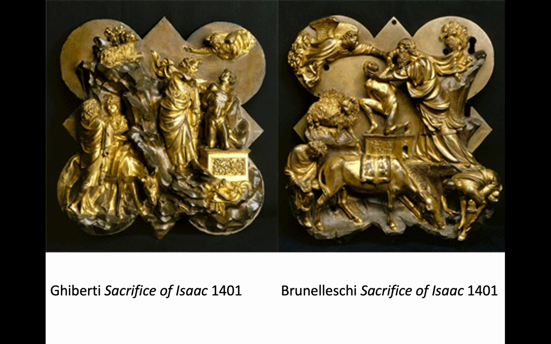So Brunelleschi was a big, famous name by this point. He was a 14th century kind of superstar of sculpture, and he was really the known factor here. You can see his piece on the right. And it's very theatrical.